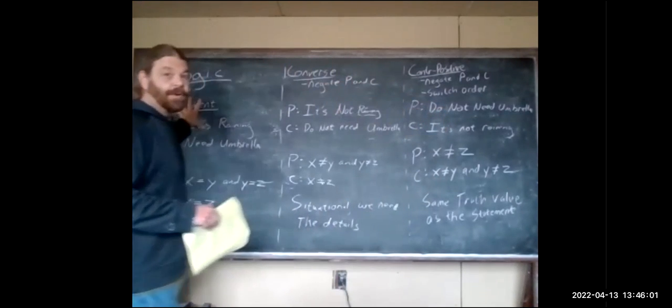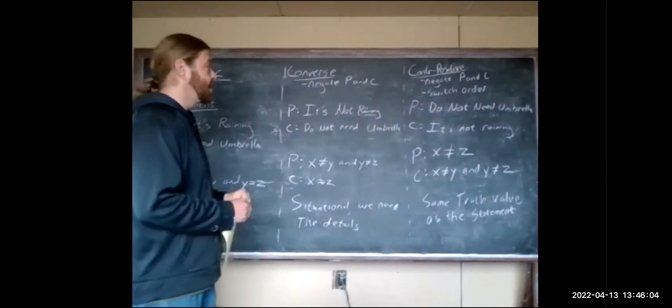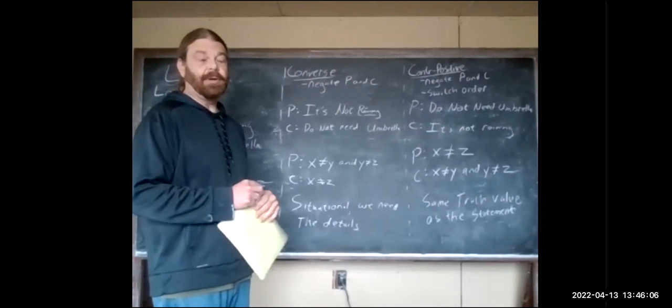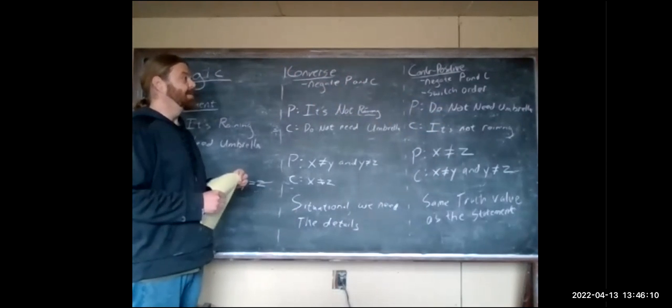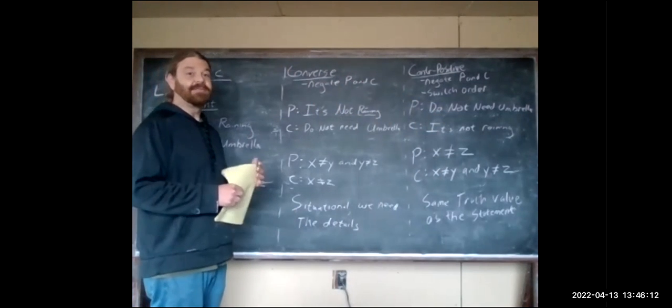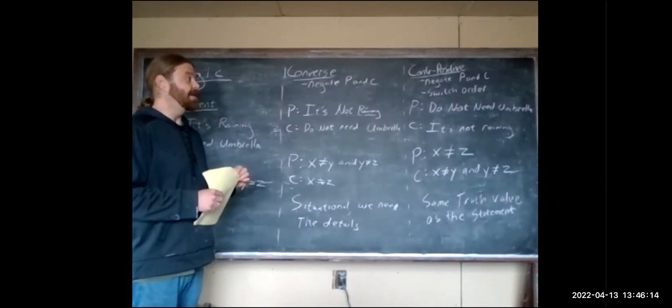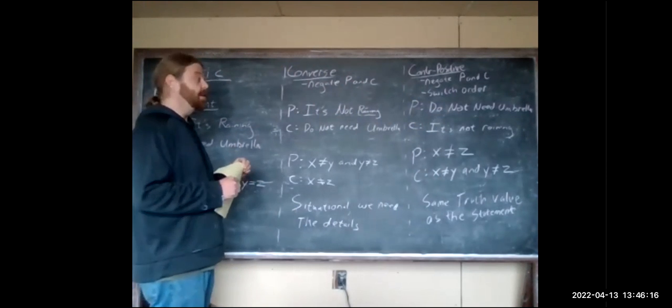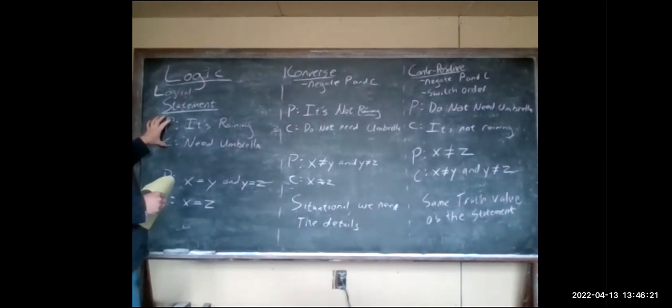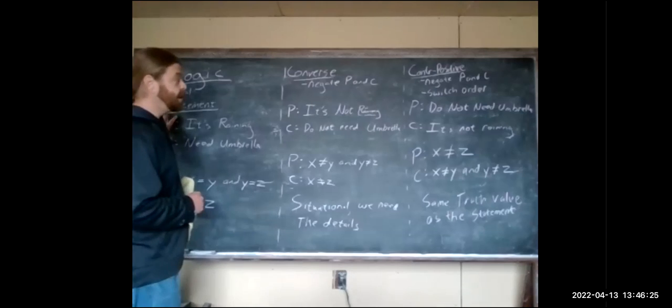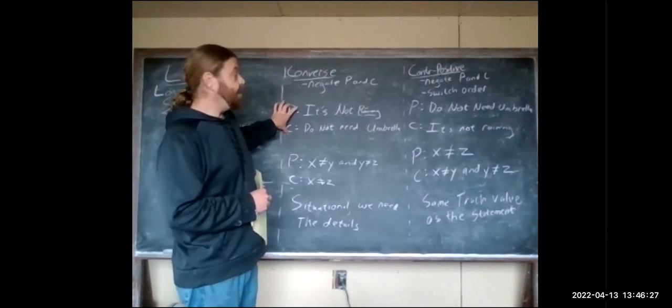Anytime we have a logical statement, the most useful place for this is going to be when you write essays, and you have claims that you're trying to support, and you want to make sure your support is very sound and organized, and you're certain about what you're saying. If you want to confirm it, break it down to your premise and conclusion and negate both of them.